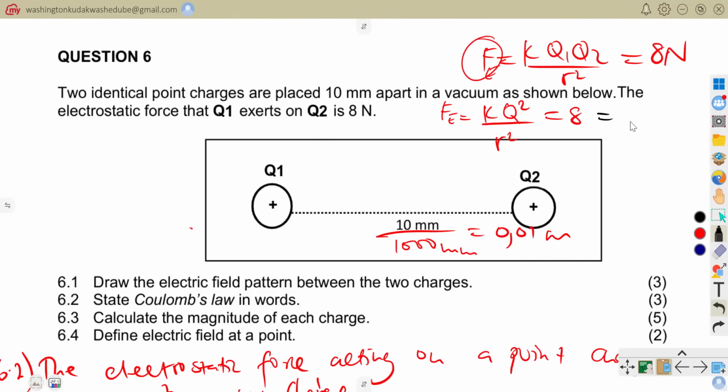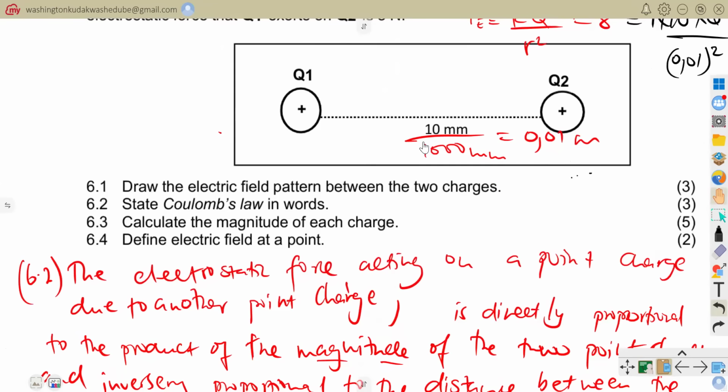From my information sheet, K is 9 times 10 to the power of 9, times Q squared all over 0.01 squared. Now what I need to do is solve for this Q.